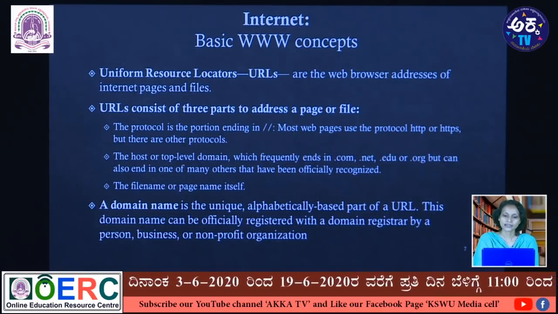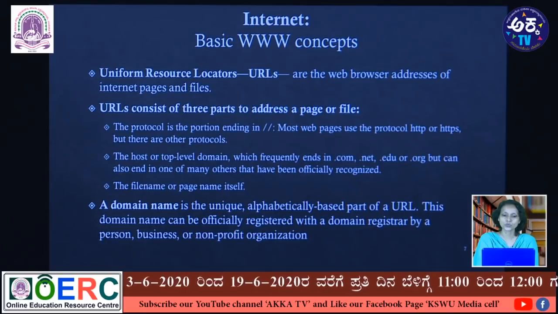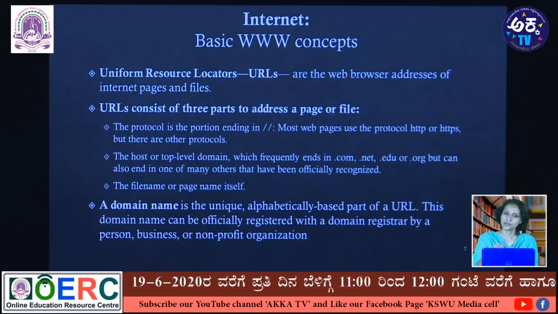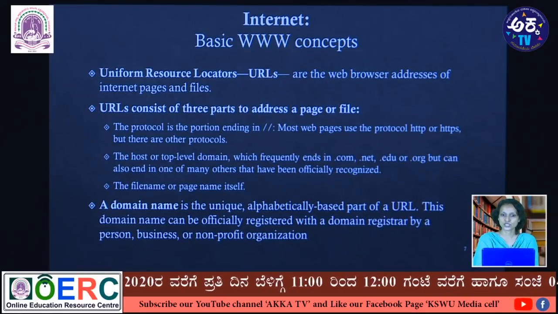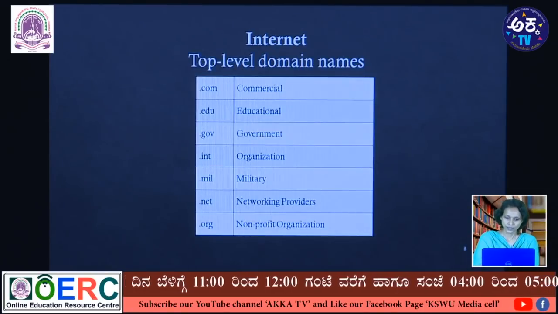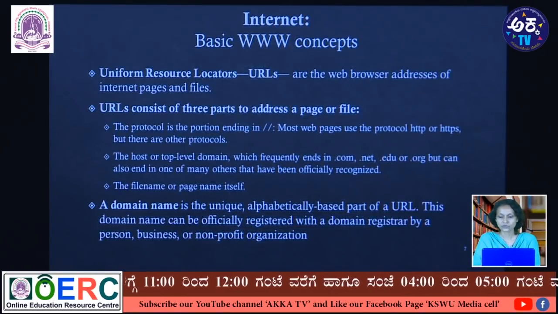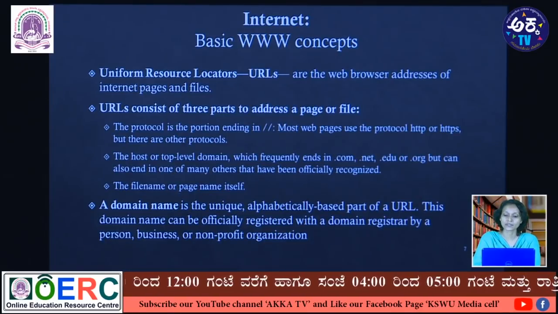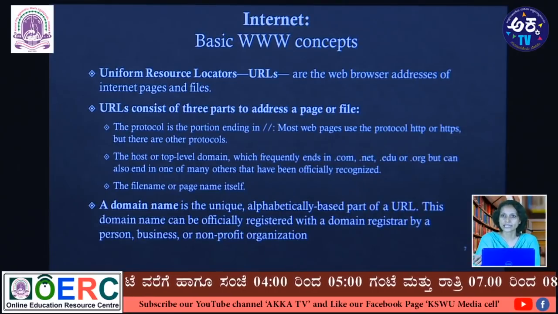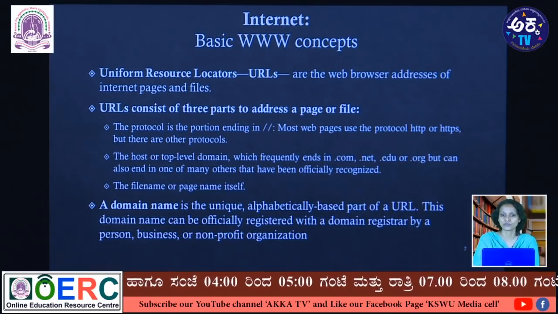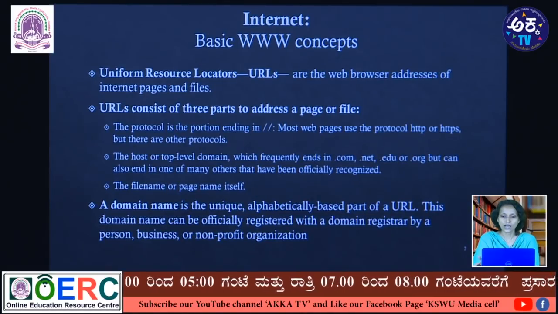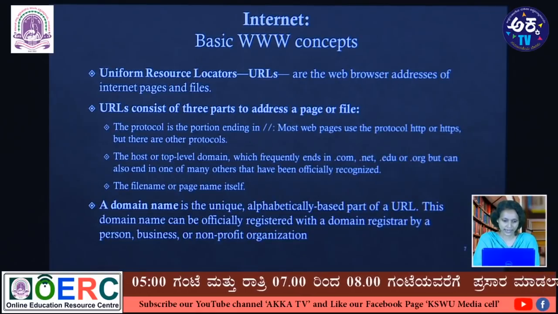After that, .com, .net, .edu, you can call it an extension that is given to your website, and with this extension we will come to know what kind of website it is. We have seen that a few websites have .com, say for example amazon.com, and we have seen amazon.in. So naturally there is a difference between .com and .in. What are these? We will see that in our next slide.